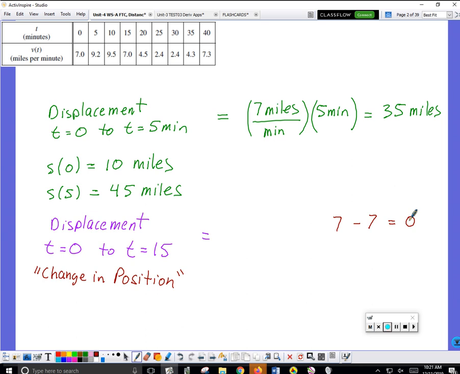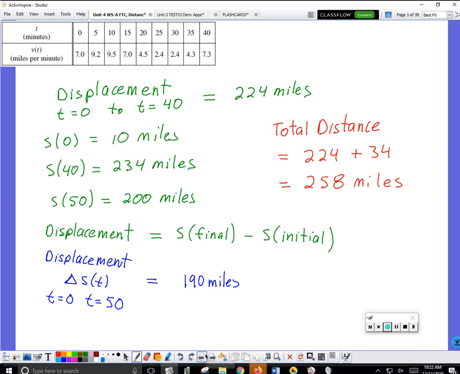What I'm trying to get all of you to do, look at me. You all have the same habit. You've taken so many classes where all you had to do was mimic what the teacher did. That's the habit you have. So you're mimicking. You're saying, well, here I took these two numbers and subtracted them, and I got 190.